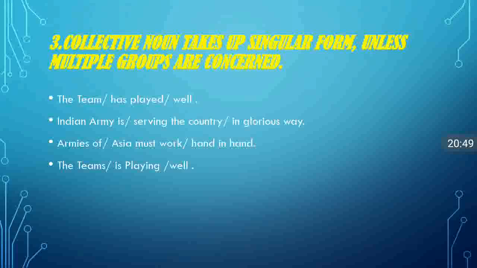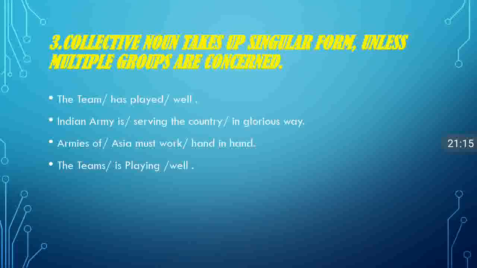In both of the cases, the team consisted of the same number of people. If I say there are 12 people in this team, so team consists of 12 people. So 12 people will be considered a singular entity because the team is singular. When I am saying teams consist of 12 players each, then I am talking about the multiple teams. So now it will be considered plural.